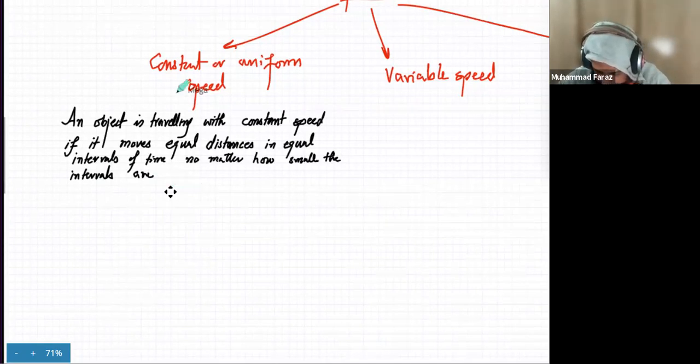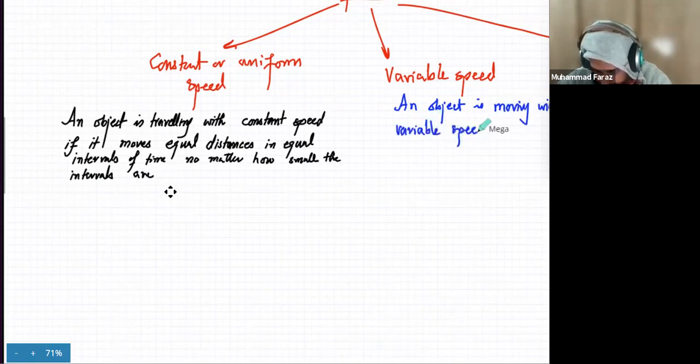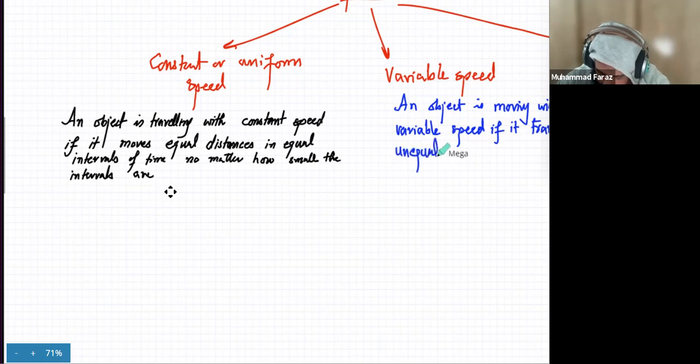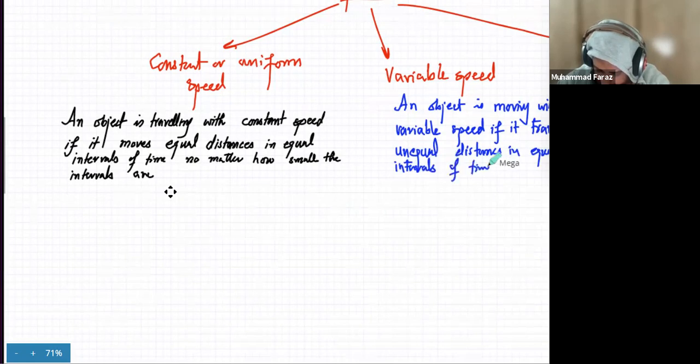Variable speed: an object is moving with variable speed if it travels unequal distances in equal intervals of time.